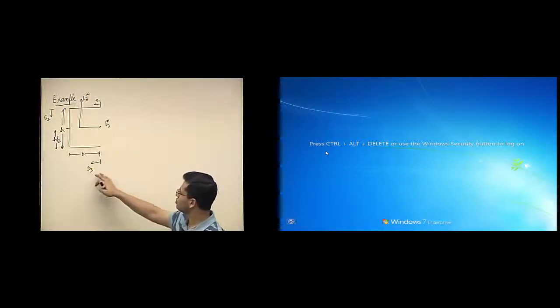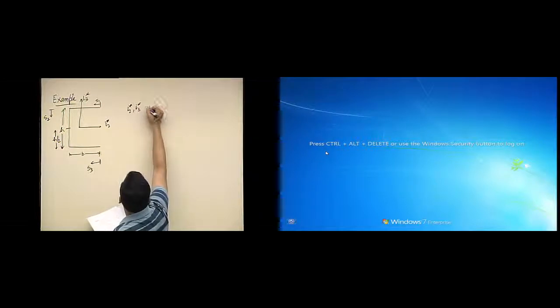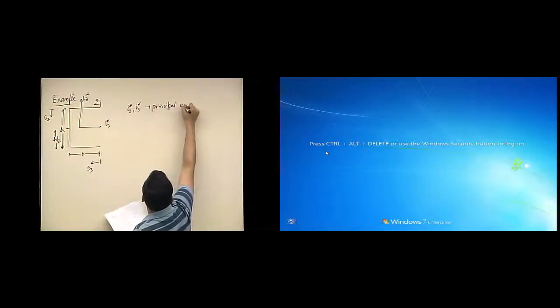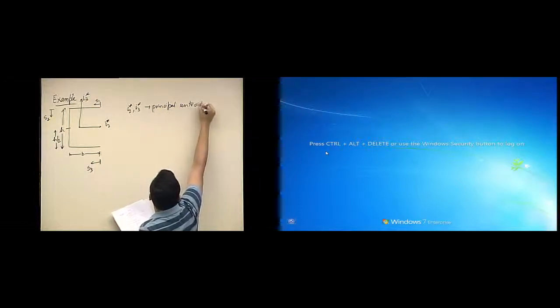The reason for choosing this is that the calculations become simpler. I can just use the same condition f(x, 0) is 0 and evaluate the integration constant easily at that location. So I2 star, I3 star is a principal centroidal frame of reference.